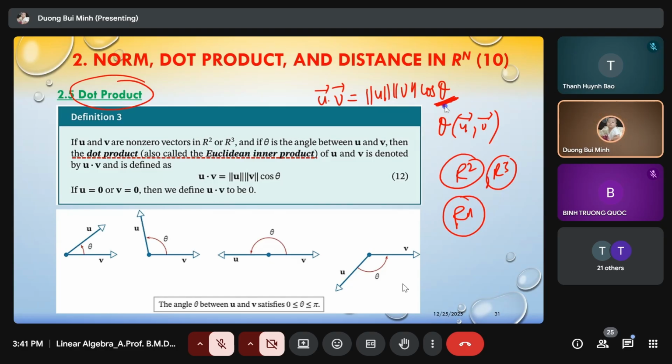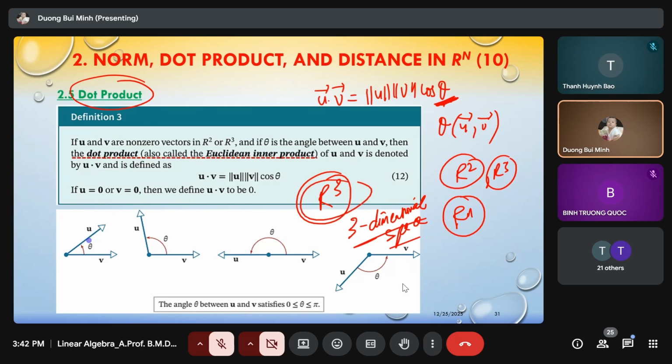But normally for practical applications, we just focus on maybe 2 or 3 dimensional space. R3 is 3-dimensional space. Here it's R2, right?